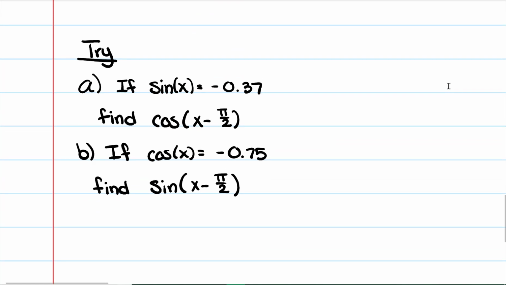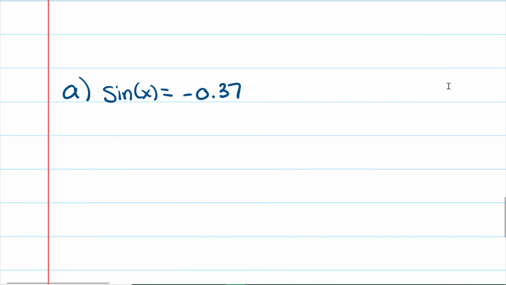So now on your own, I want you to try these, see if you can work them out. Okay, so we have sine of x is negative 0.37, and I want to know what cosine of x minus pi over 2 is. Again, this looks very close to my identity. However, it's not exactly it. So I'm going to do the same thing. I'm going to factor out the negative.